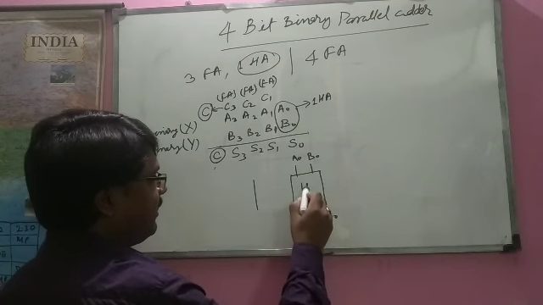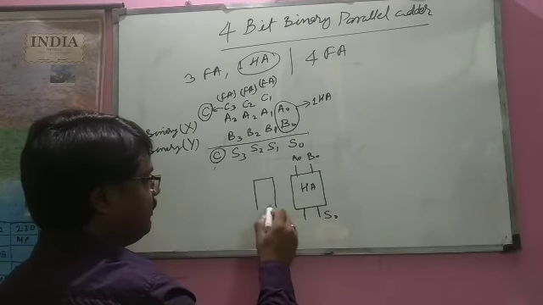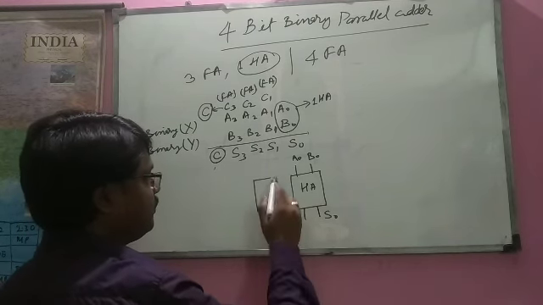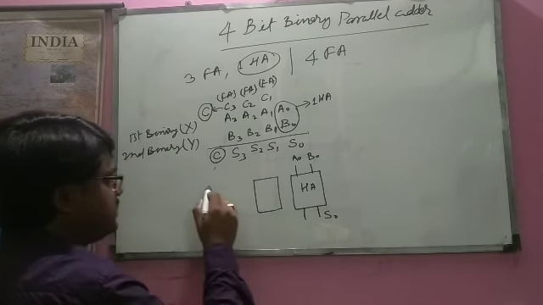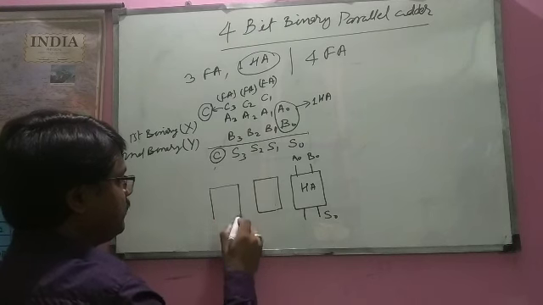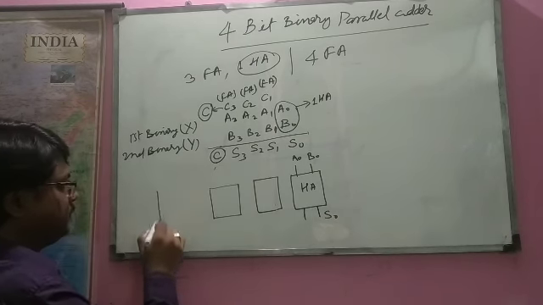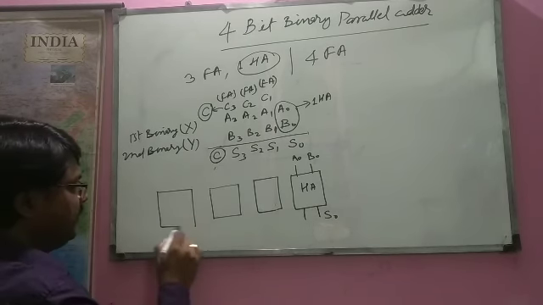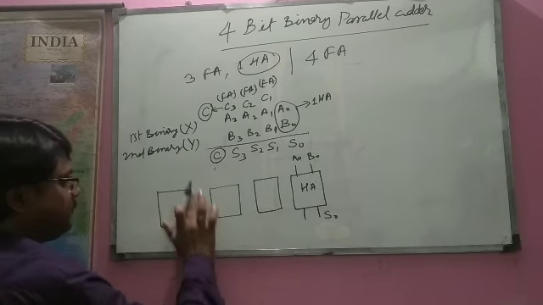This is the half adder, and there will be three full adders like this. That is very simple.